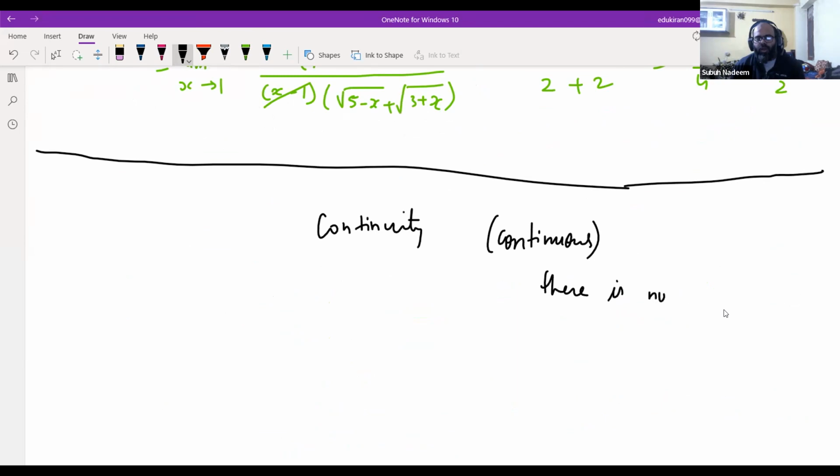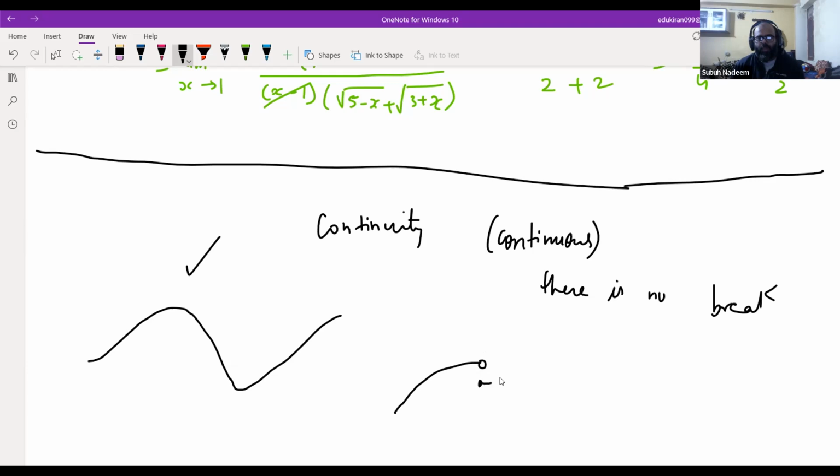If you draw a graph like this, there is a break. So it is not continuous.